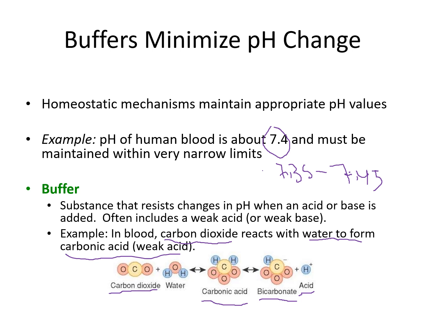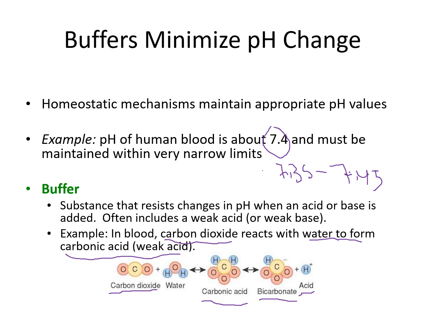And these buffers are there to prevent blood from changing pH in wide swings, right? So by having this carbon dioxide and water, carbonic acid or bicarbonate, and you have enzymes that regulate this, it keeps pH in a very narrow range.